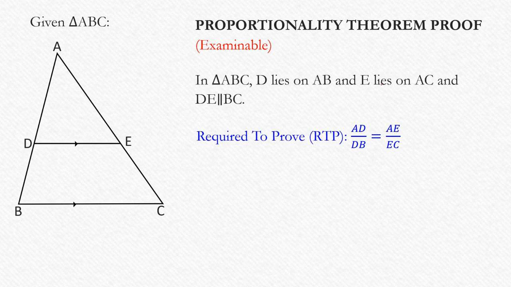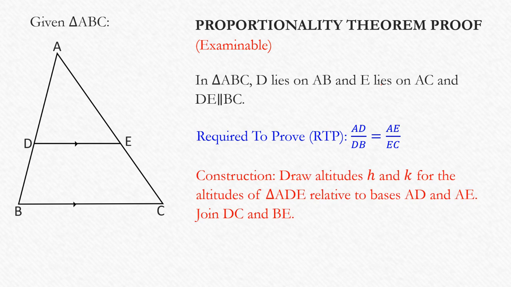Now, we are required to prove that AD over DB is equal to AE over EC. We are saying AD over DB is equal to AE over EC. You see that we want to prove that.